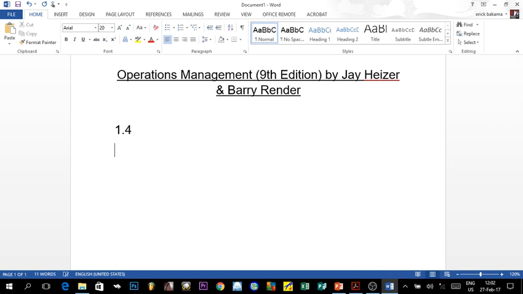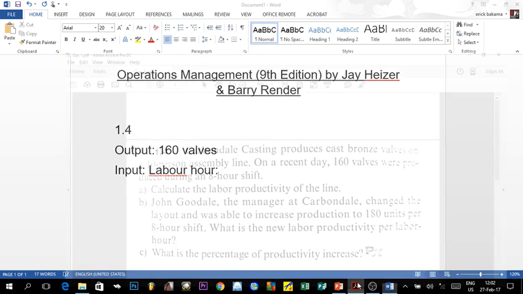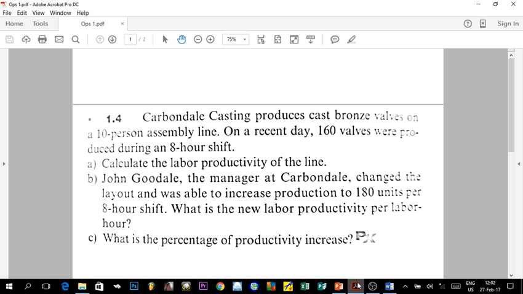So in short, our output is 160 valves, and the input that we are using is the labor hours. They say that we are using 10 people working on an assembly line, and those persons are working during an 8-hour shift.